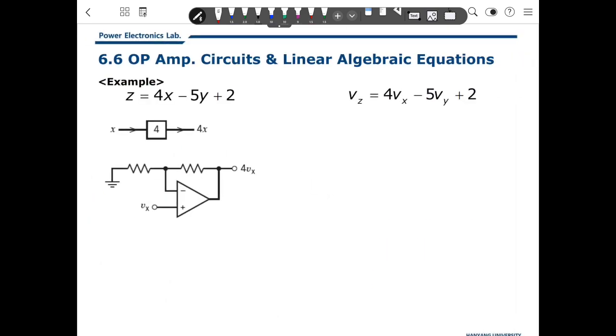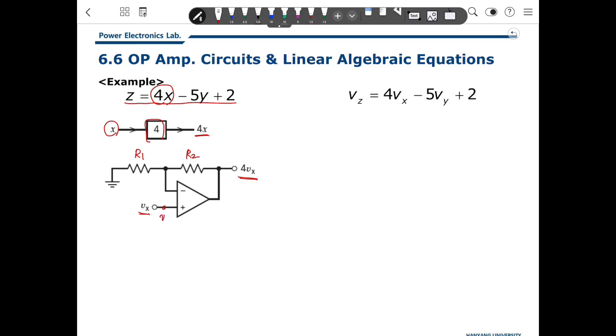Okay, the first thing we need to implement here is 4x. So x in and 4x out. We already know the block to implement a non-inverting amplifier. That was here. We defined R1 and R2. So we make the 4 Vx. What should we do? We already know about that.